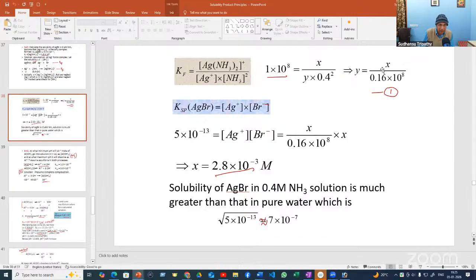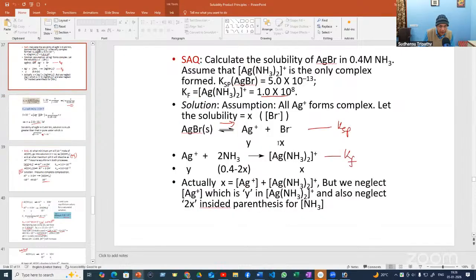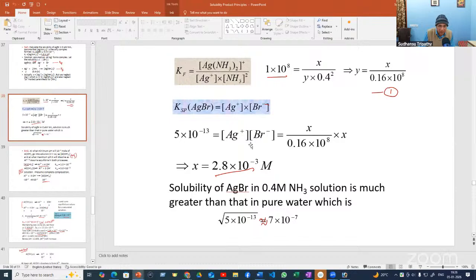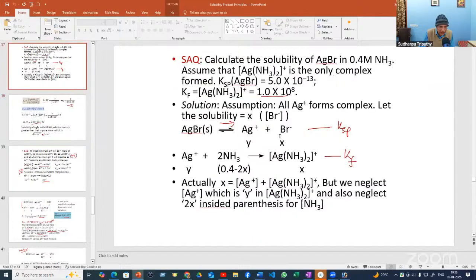You get y as a function of x. Then use the KSP equation. Ag plus is y. I have used the value of y here. y into Br minus, which is x.